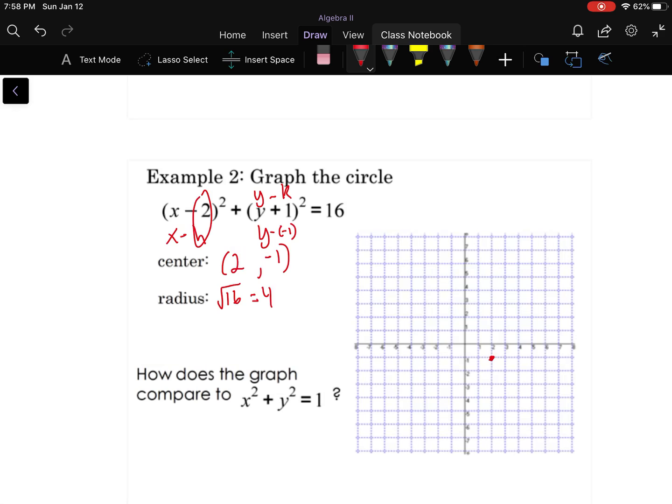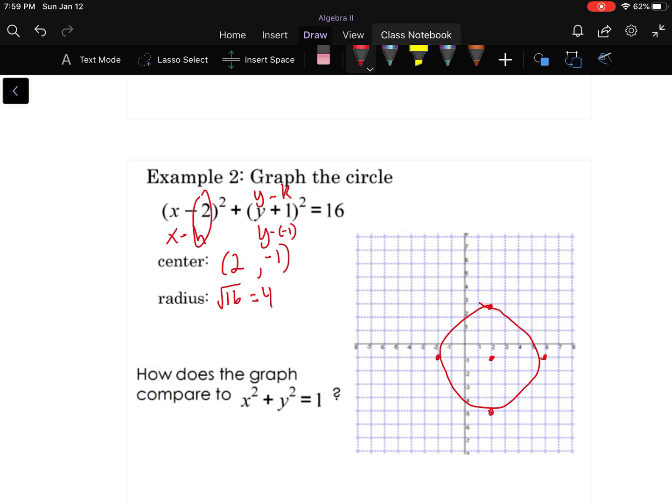Again, I count over 1, 2, 3, 4 from the center: up 4, down 4, and to the right 4. So about right there, and I'm going to connect those dots. Again, I am not at all good at drawing these circles, so that is good enough for me.